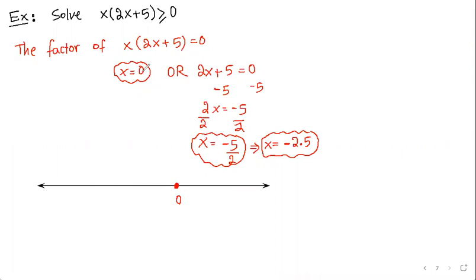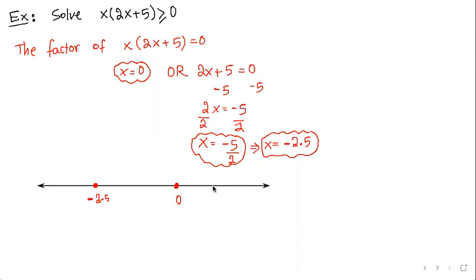So 0 is a zero for this equation, and minus 2.5. Now to check the sign, we have to pick any number greater than 0, any number between minus 2.5 and 0, and any number less than minus 2.5.